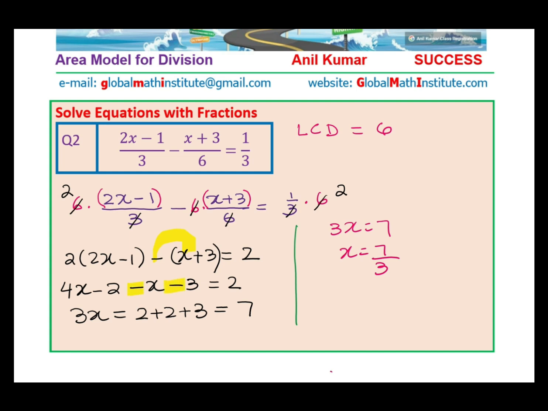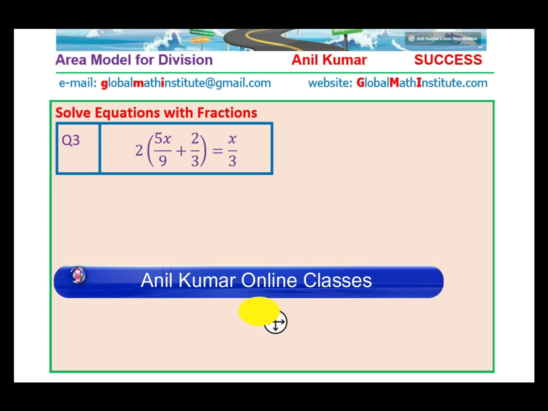You see that both become negative, right? Otherwise, you land up with the wrong answer. Now 4x minus x is 3x, and here we have 2 plus 3, which is 7. So you could get answer in fractions as we got in this particular case. Perfect. Now let's take up the next question, which is question number 3.